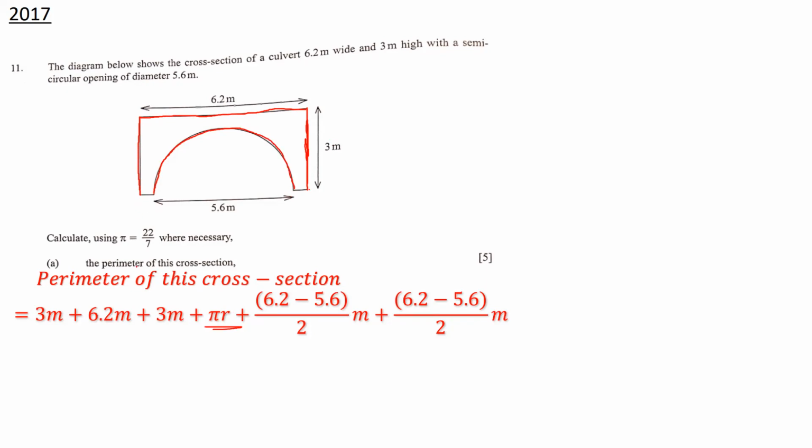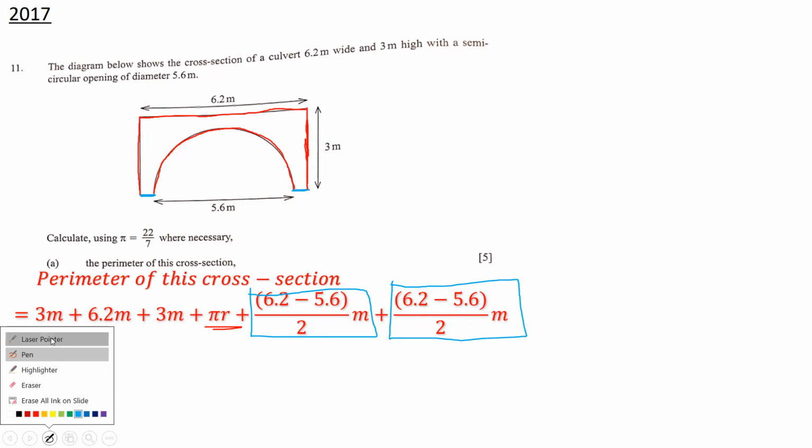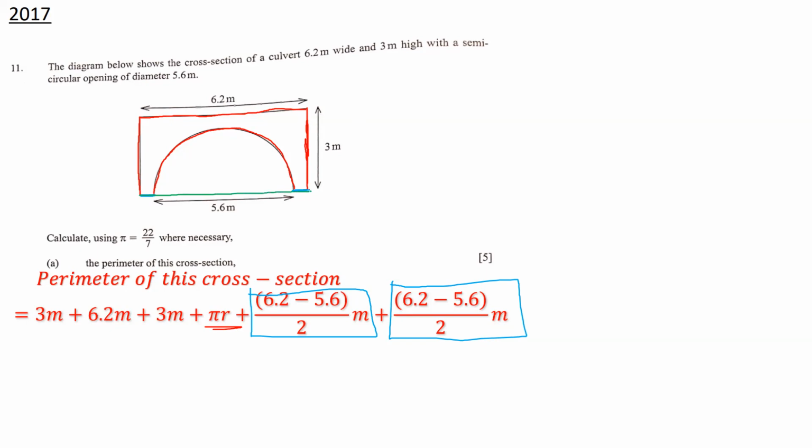Now, this portion right here, let me put this portion in another color. This portion right here is going to be this, right? And this portion right here is going to be this, right? So that's how we represent it. Now, why did we do that? Well, if you notice carefully, the whole thing, which I denoted in green, is the length 6.2, right? The whole thing is 6.2.